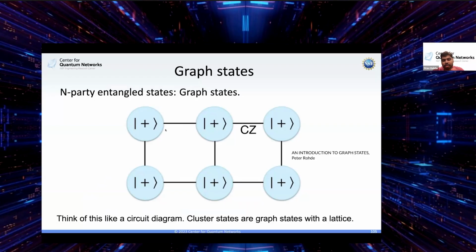And then the structure of the graph state tells you that every time you see an edge, that means a control Z operation has been done between these two qubits. So this state tells you that there is a CZ gate here, a CZ gate here, CZ, CZ, CZ, and so on. So this lattice-like structure tells you that on each vertex sits a qubit, and between the qubits that share an edge, you have done a control Z operation.